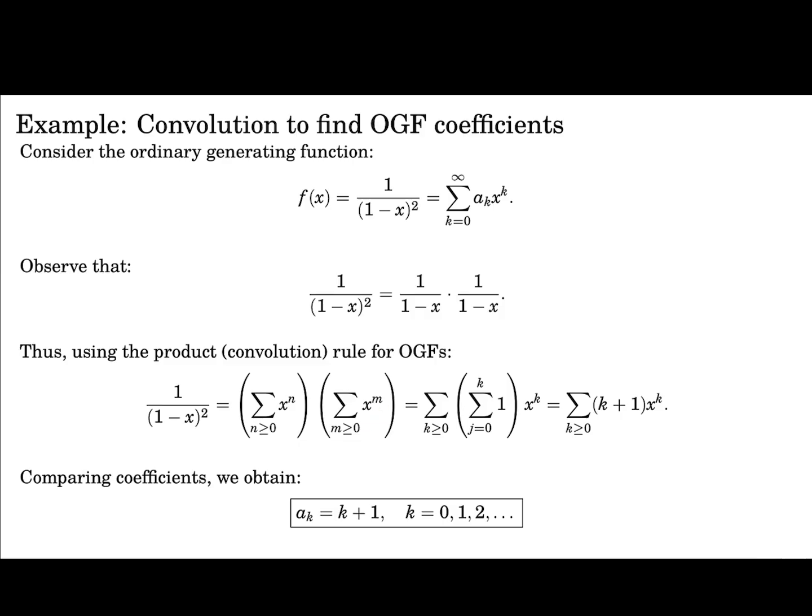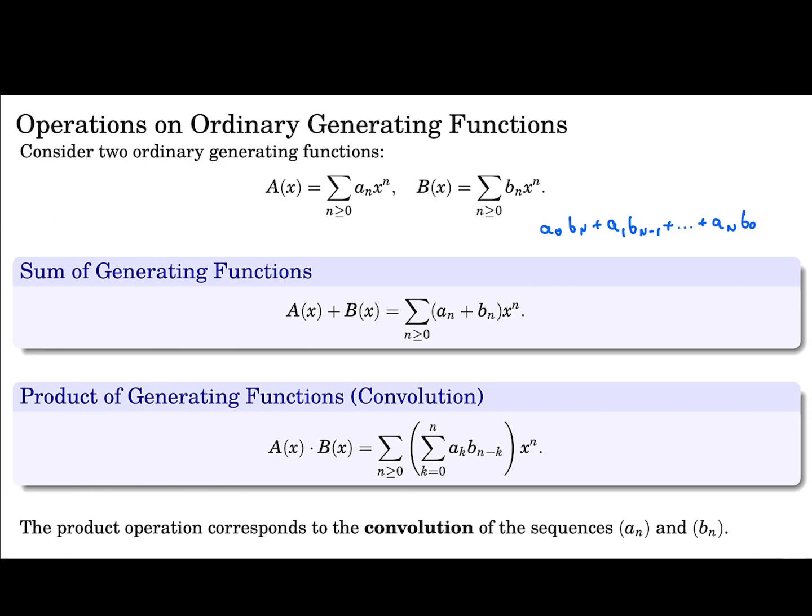Now, if you multiply these two together, you can do that by the convolution rule that we just saw. It's going to be a summation over k equal to 0 of the terms of the ai's and the bn minus i.